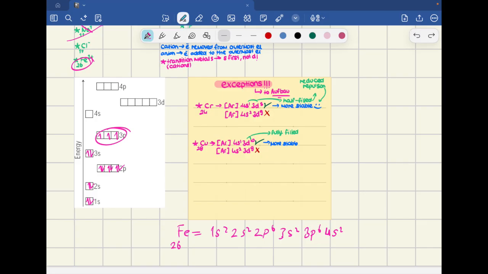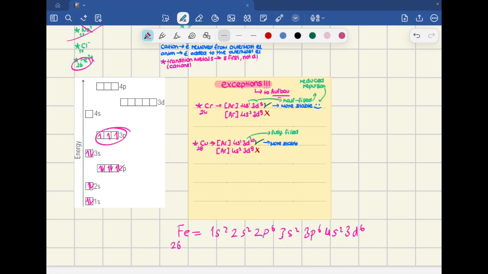We have 3d6, so 2, 4, 10, 12, 18, 20, 26.